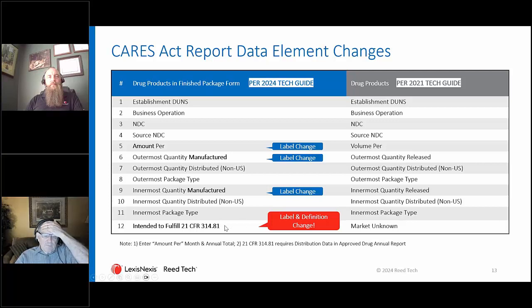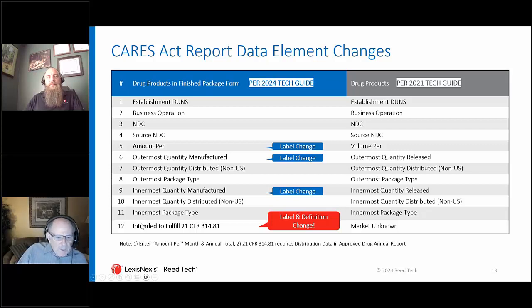So you need to indicate that, though, when you do the CARES report. So yes or no, Boolean question. Interestingly, field number 12 in both these reports is a Boolean yes or no, but the title in the context is quite different. I'm not aware that any old data that was previously submitted under 2021 needs to be corrected or updated. We'll let you know if we become aware of that.